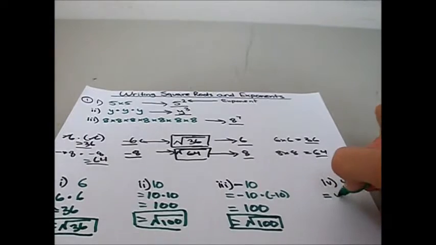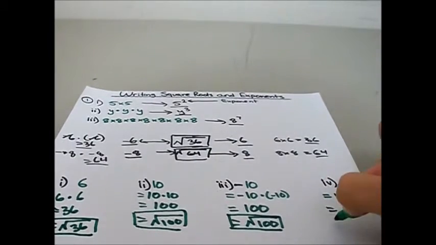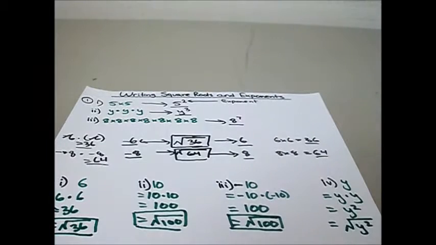So we're just going to multiply y by itself. It'll be y squared, and put it under our square root sign, and it'll be square root of y squared. So that will make sense since the square root and the power of 2 cancel each other out, and it simply leaves us with y.